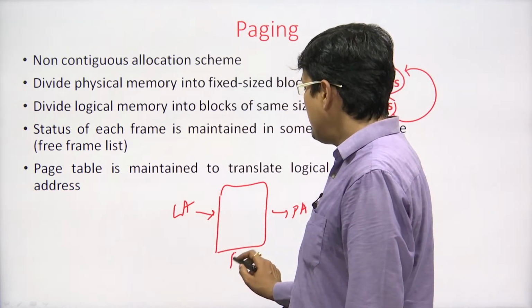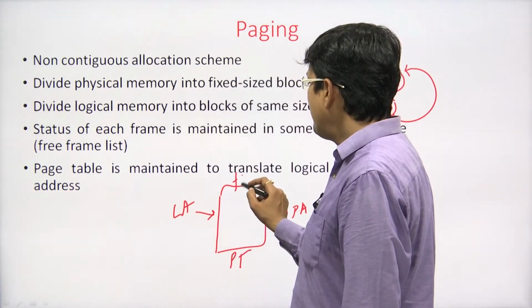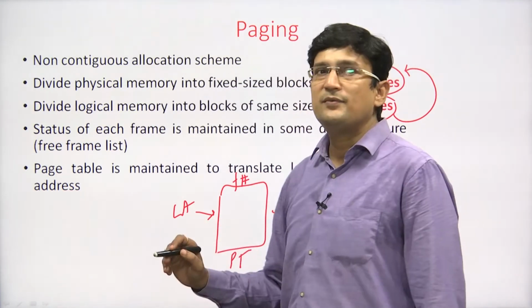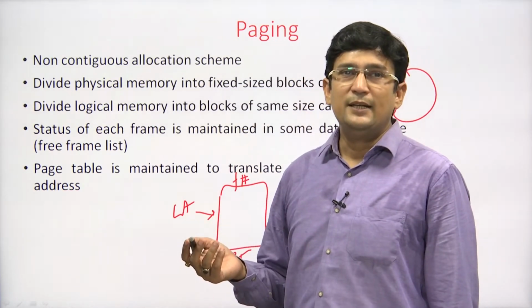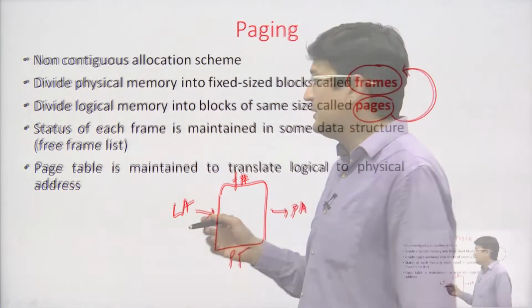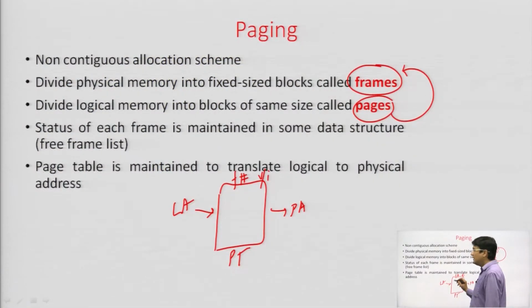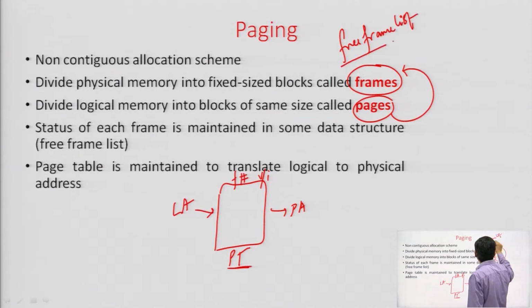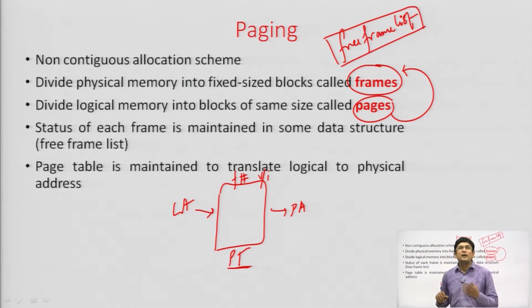Each page table entry contains at least a frame number. There may be many more entries. We have seen last time also that there may be a valid or invalid bit, and several other pieces of information can be stored in the page table. We also need to maintain a free frame list in order to allocate frames to the newly coming process.